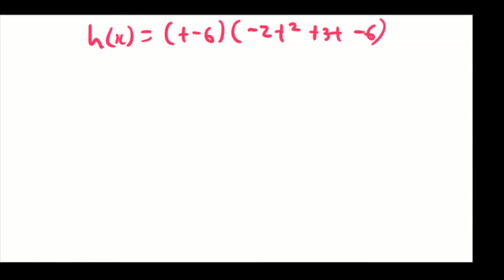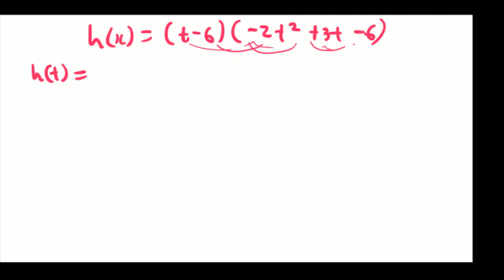So we know that our h of t is equal to (t minus 6) times (minus 2t squared plus 3t minus 6). Let me first find the product and then I'll explain everything else. I'm going to multiply through this t in each and every value here, and also minus 6 in each value there. We all know how to find the product.